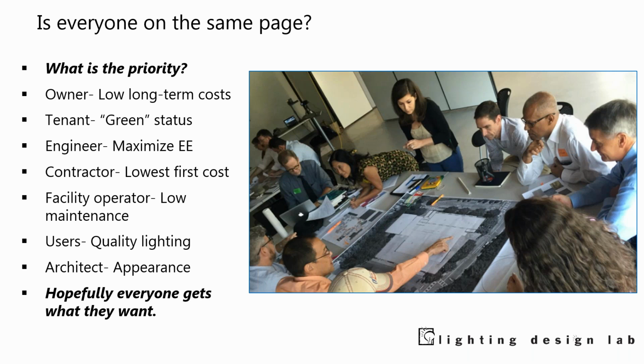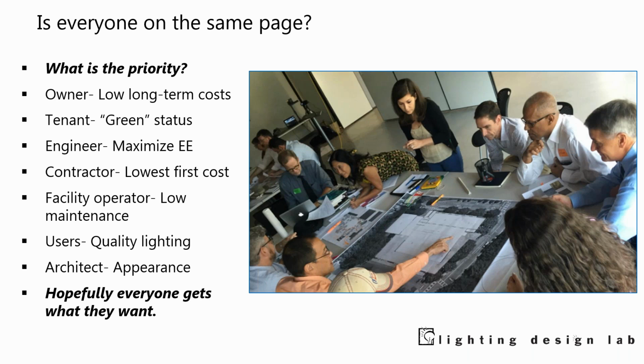Then you might have a tenant who's occupying the building or the floor, and maybe their goal is green status. They want to say that they're a green business. The engineer who's working on the project maybe wants to maximize the energy efficiency. The contractor is looking for a low bid, maybe low first cost. The facility operator probably just wants low maintenance.